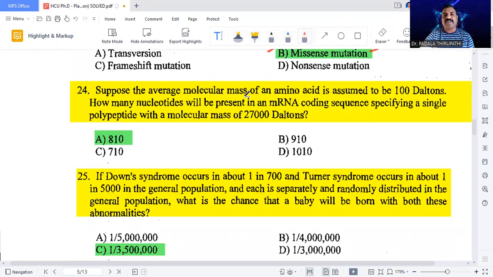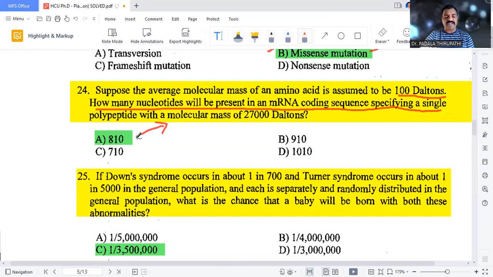Suppose the average molecular mass of an amino acid is assumed to be 100 Daltons. How many nucleotides will be present in an mRNA coding sequence specifying a single polypeptide with a molecular mass of 27,000 Daltons? The right answer is 810.